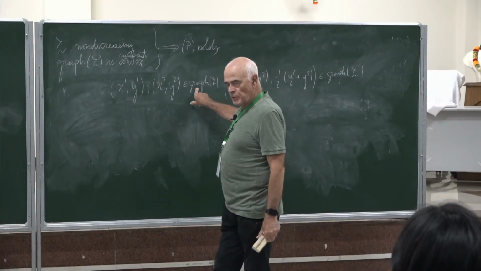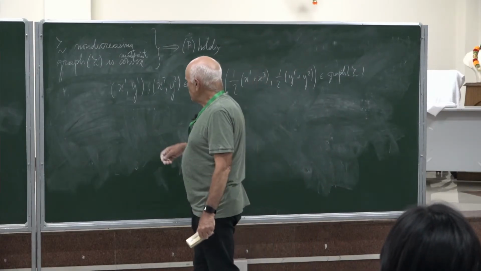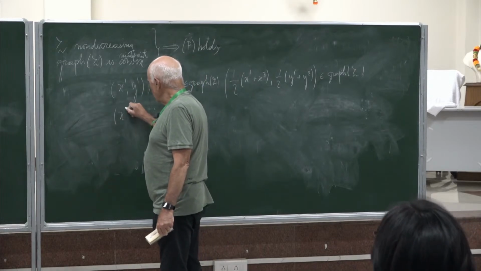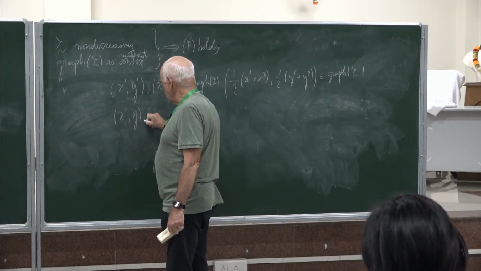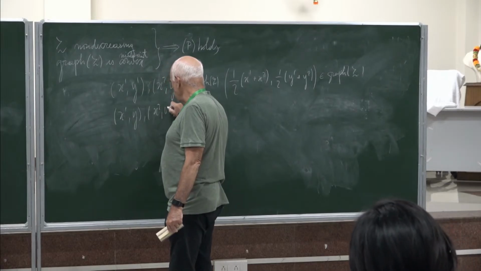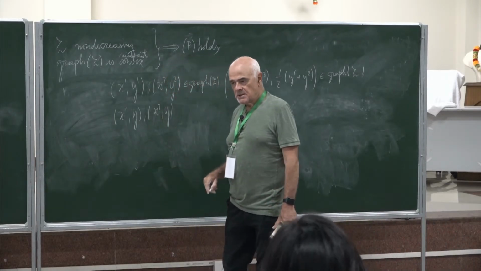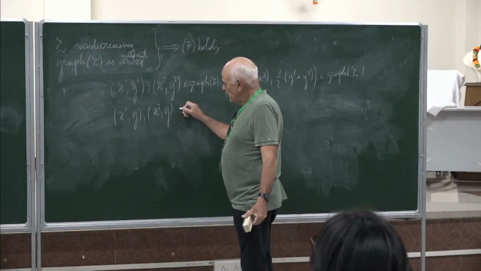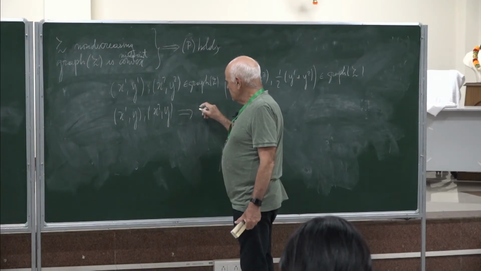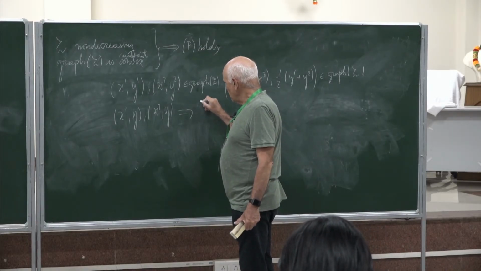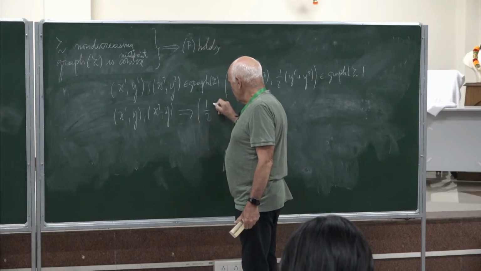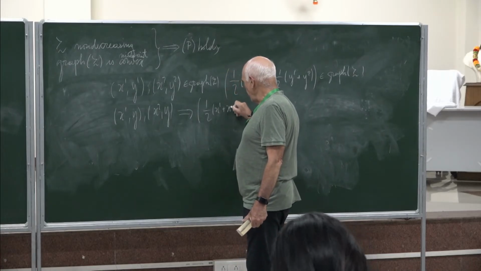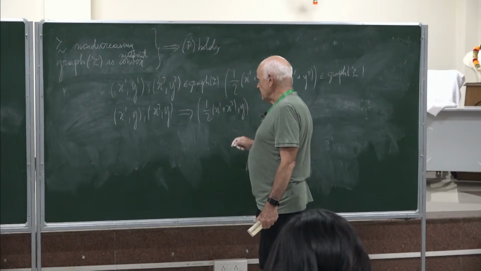This implies two things. When you have (x1, y) and (x2, y) in the set, then by convexity, (1/2 (x1 plus x2), y) is in the set.